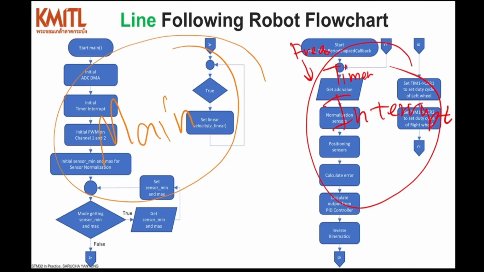I will show you in the next page the equation that we use to control the robot. One factor of the equation is time. That's why we are strict with the sampling time, and with the timer interrupt we can control the frequency.